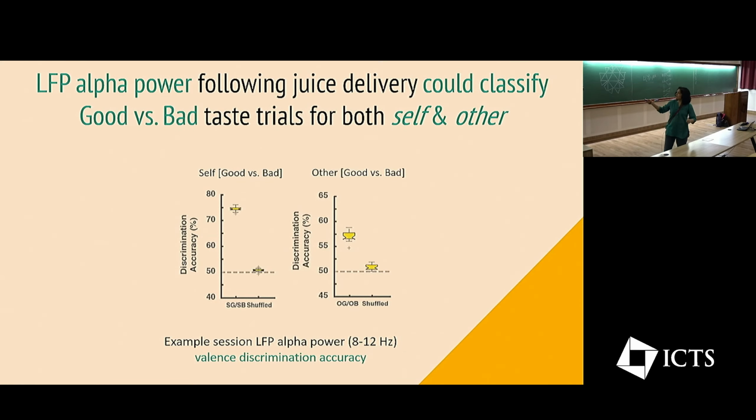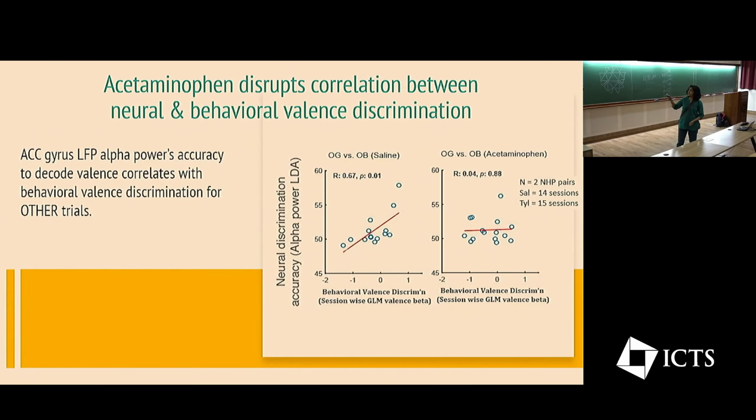So we were able to find that if you look at the LFP data, after the reward was given, they are sensitive to the outcome valence for both self trials and the other monkey's trials. But interestingly, after acetaminophen was given, the correlation of this accuracy with behavioral valence discrimination, which is the behavioral regression coefficient, which was there only for other trials, other good versus other bad, was correlated only for others, and after acetaminophen, that correlation was disrupted.